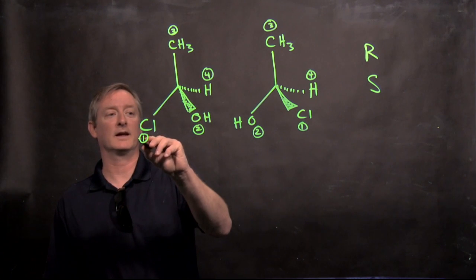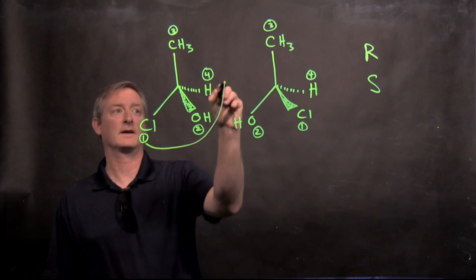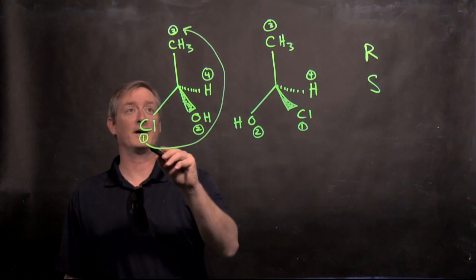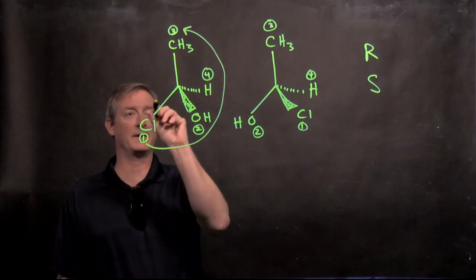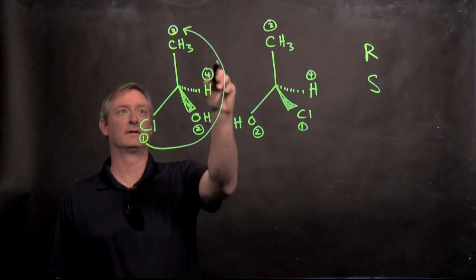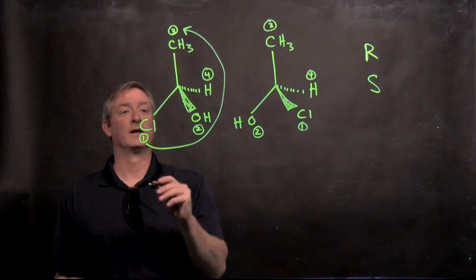And then I trace a line from 1st to 2nd to 3rd, and I see whether this was clockwise or counterclockwise. From my perspective, with the 4th substituent facing away from me, this looks like a counterclockwise rotation.